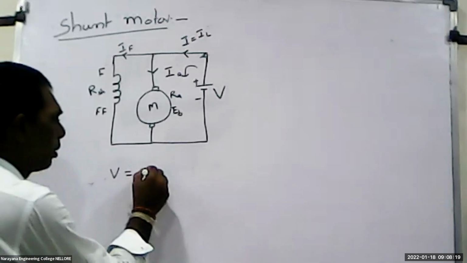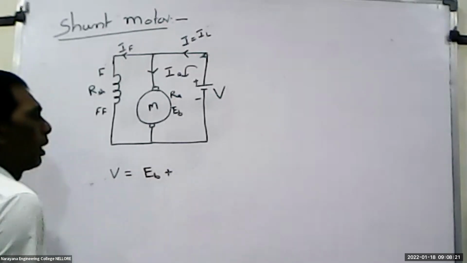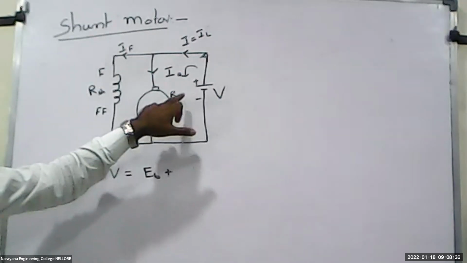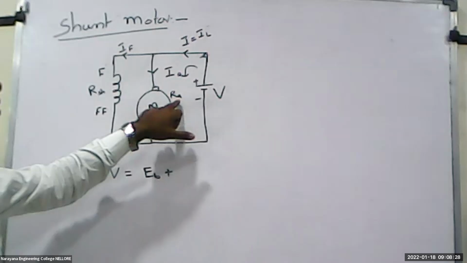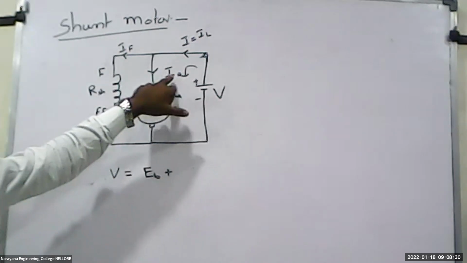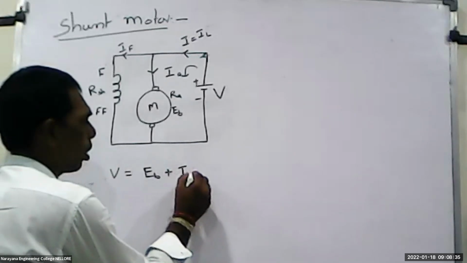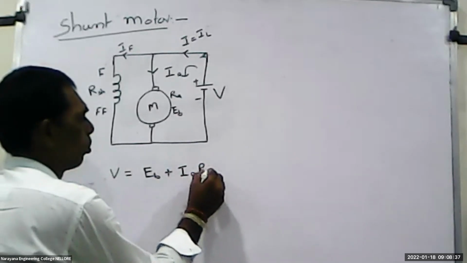So EB, and the drop in the armature resistance. The resistance is RA and the current passing through it is IA, so the drop is represented as the product IA into RA.